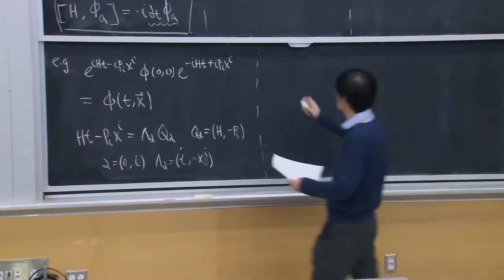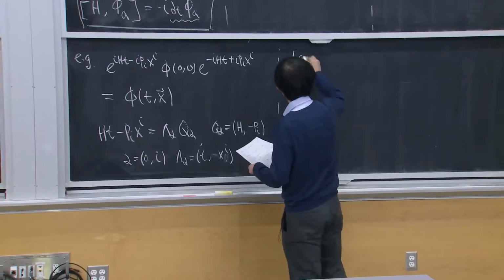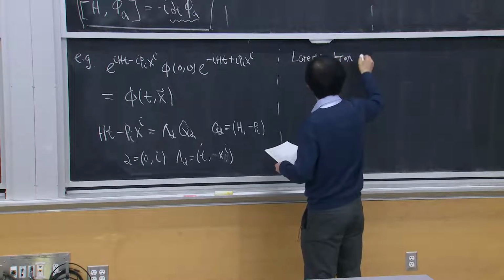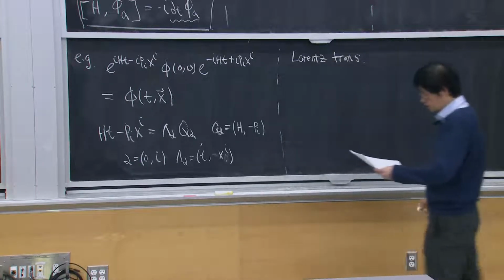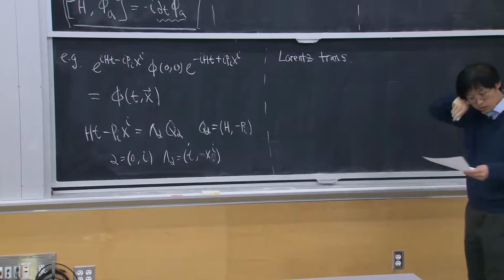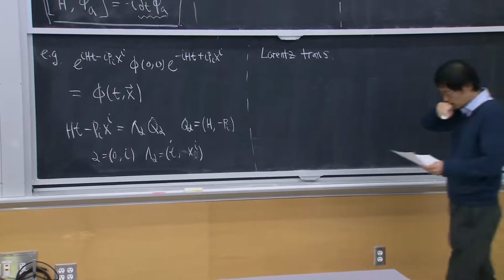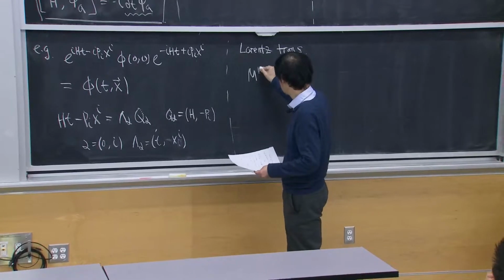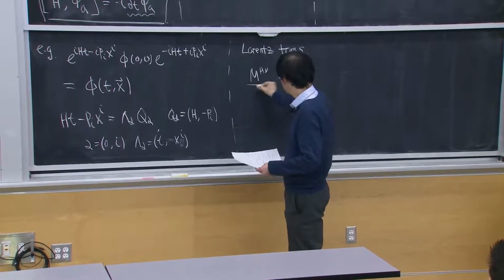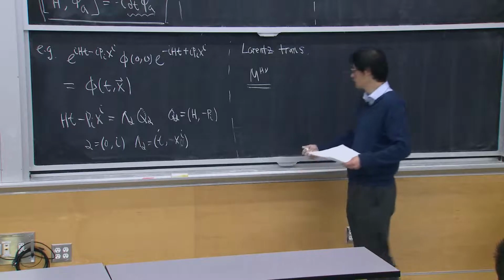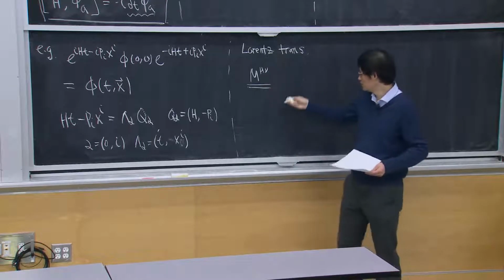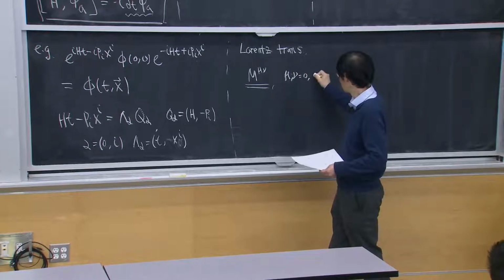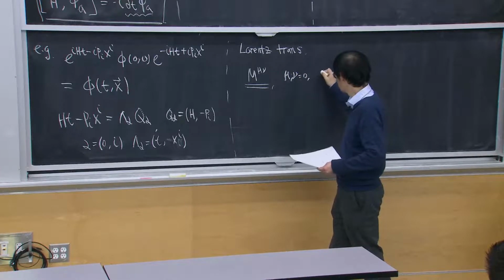And also you can consider Lorentz transformation. So another example is a Lorentz transformation. In your P set, in the Lorentz transformation, the conserved charges, actually there are 6 of them, M^{μν}, going from 1, 2, 3.